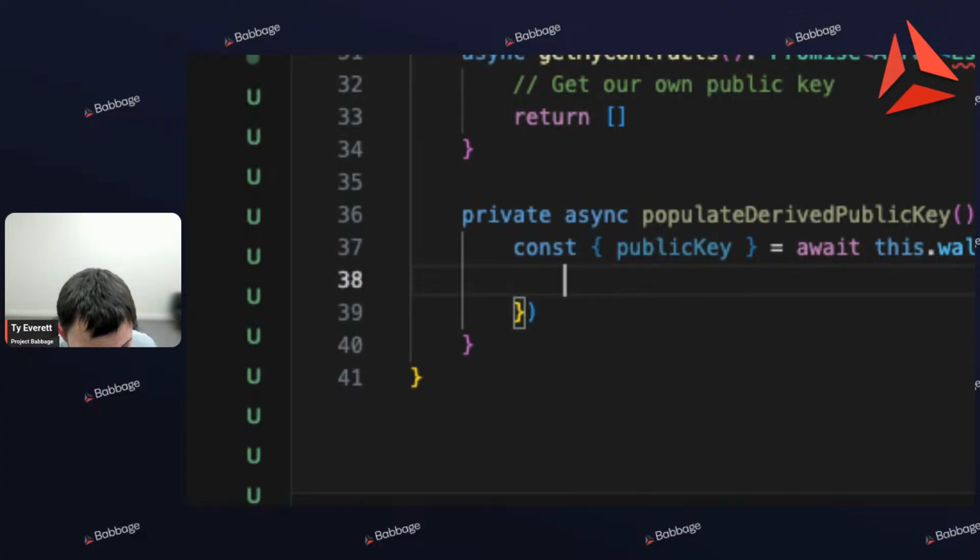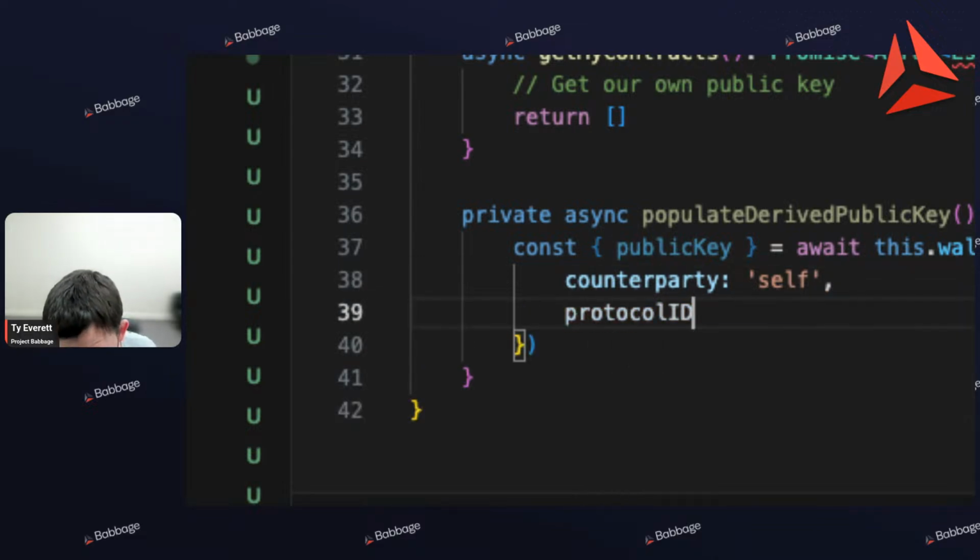Actually, don't even need that. What's the protocol ID?